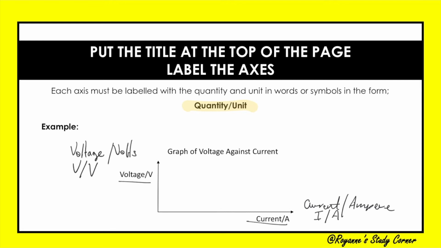It's up to you which way you choose to write it, but you just have to remember that you have to write quantity / unit. So everything is labeled here. We have a good little plan in our heads.